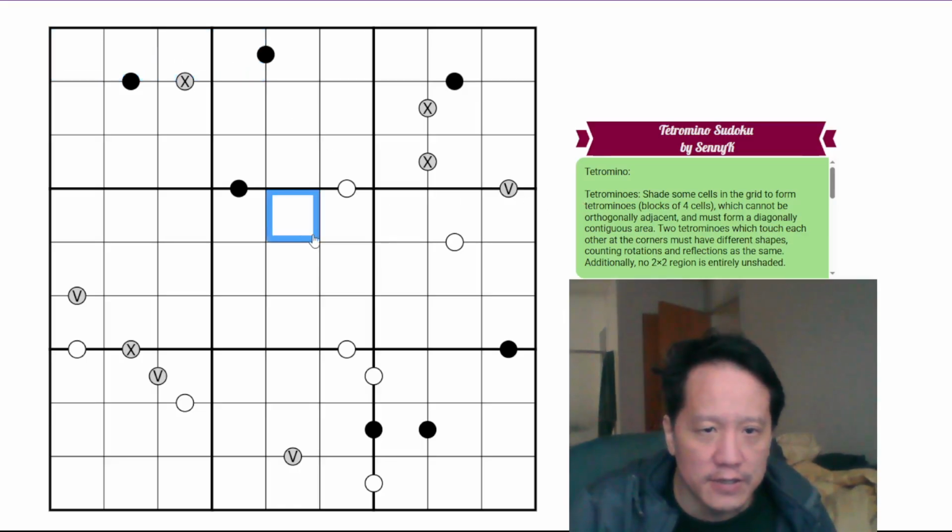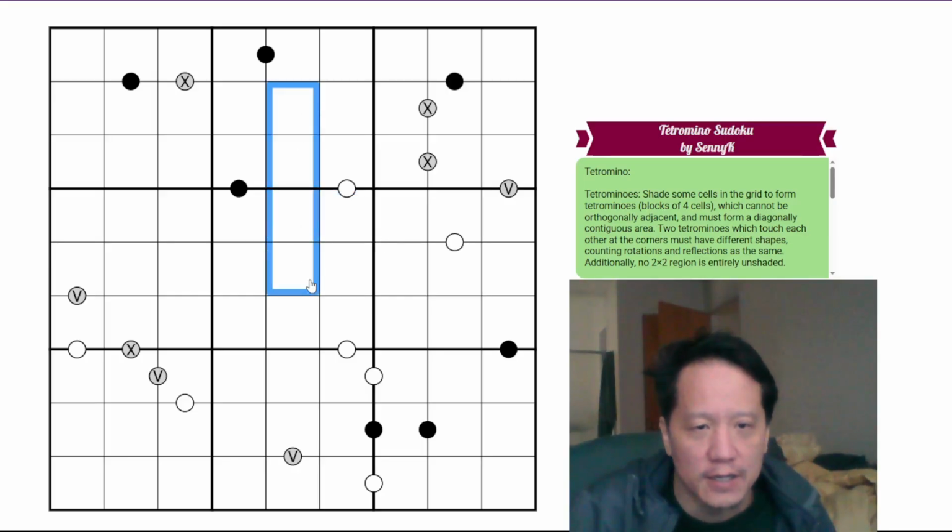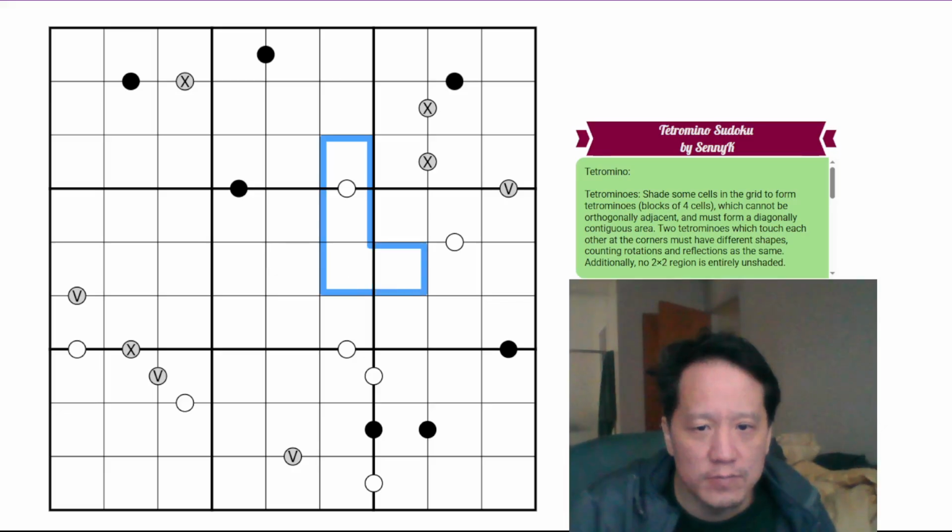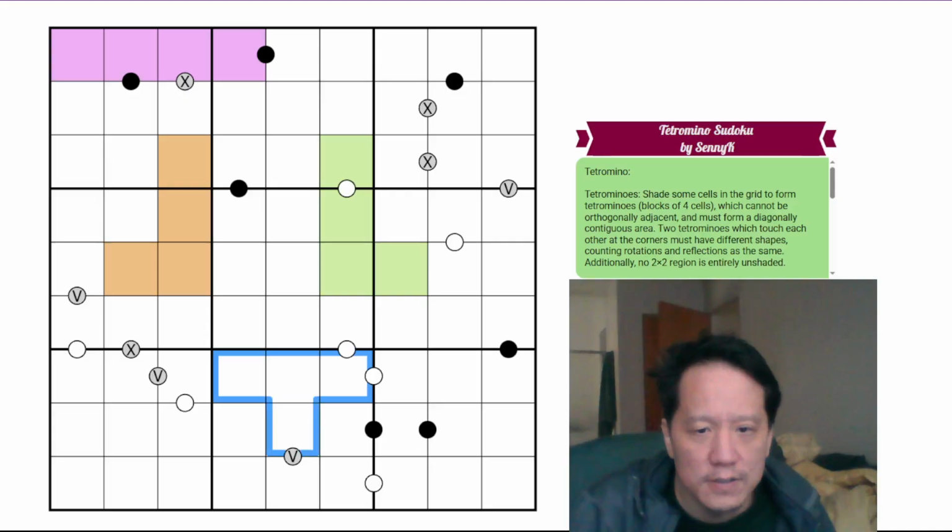Tetrominos are basically 4-cell blocks, which could be like, I think the ones are an I, there's an L, there's a J shape, so there's I, L, J, T, N shape.